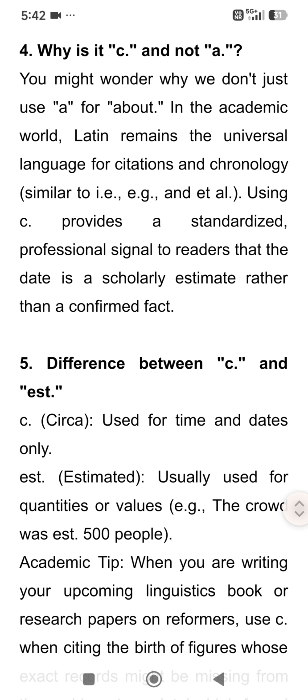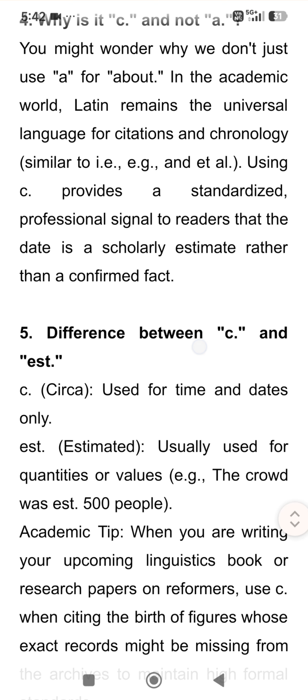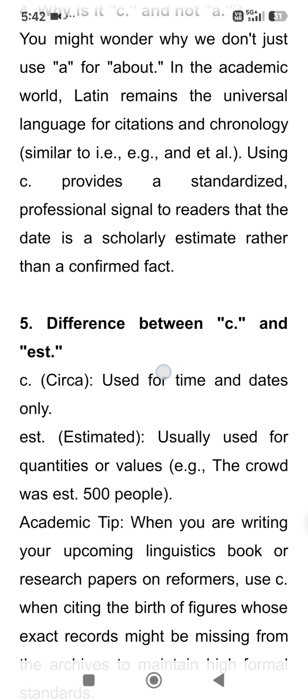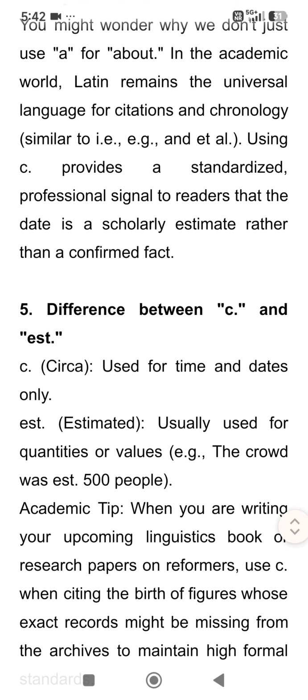Why is it C and not A? Why circa? Why not approximate? The abbreviation of approximately or around would be A, but why is it denoted with the letter C? You might wonder why we don't just use A for about, around, approximately.